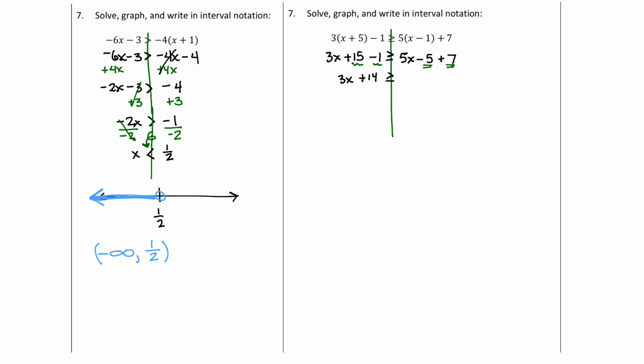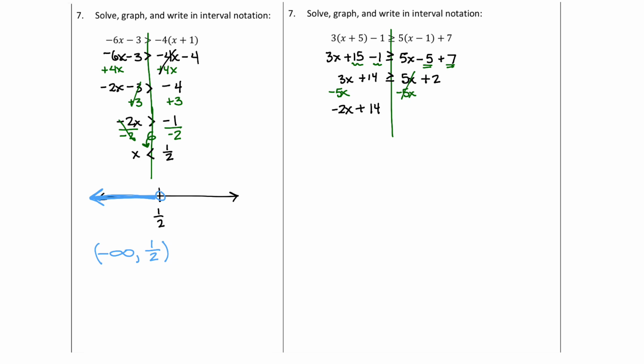Nothing that we need to flip the inequality for, so it stays greater than or equal to. And then we have 5x add 2. Get the variable over on the left. So minus 5x. Those cancel. And I do not flip because I was just subtracting.